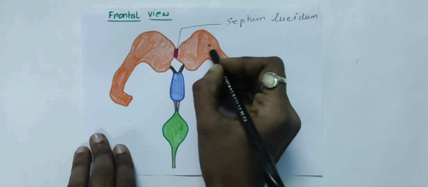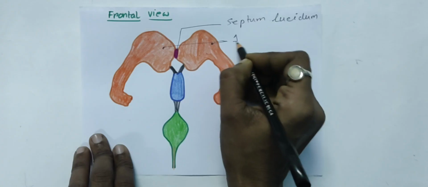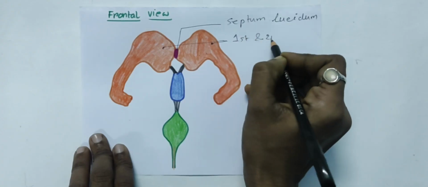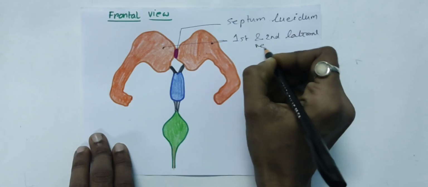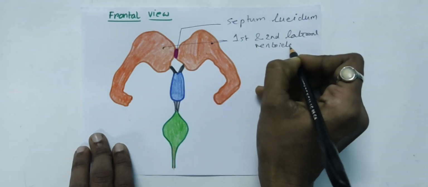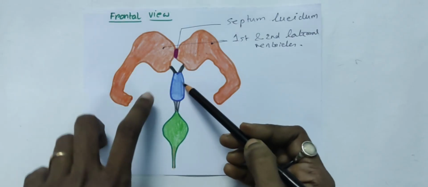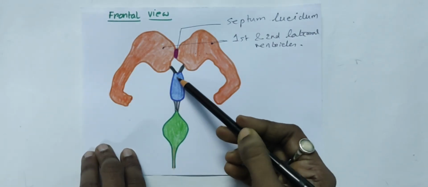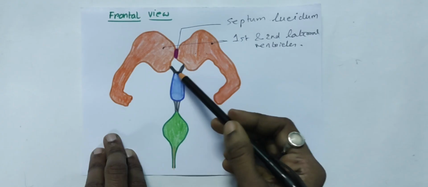Okay, and these are the two lateral ventricles, first and second lateral ventricles. Now after the first and second, this one is the third ventricle, and this third ventricle is attached with this structure.